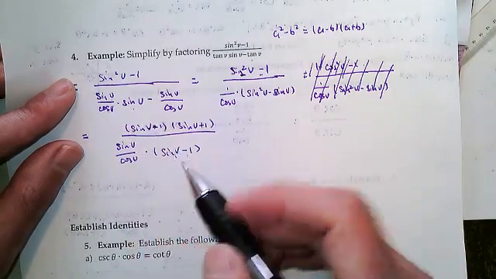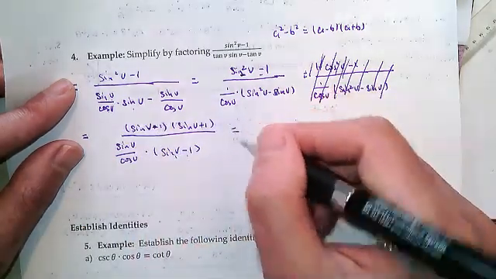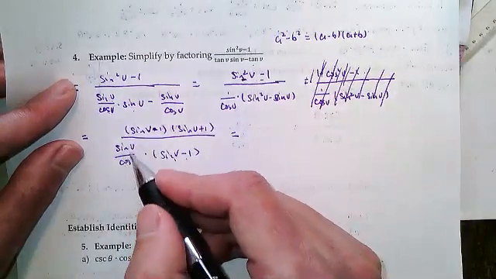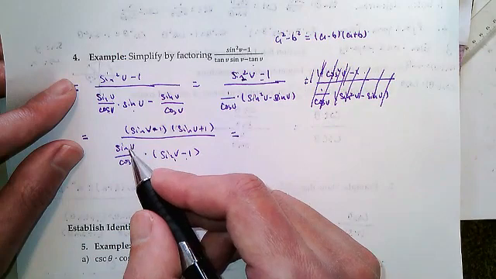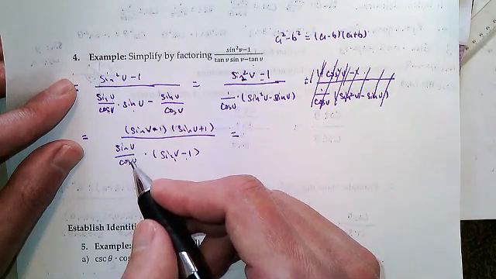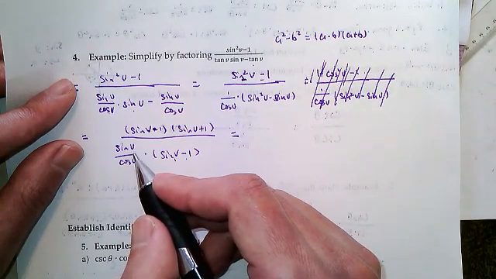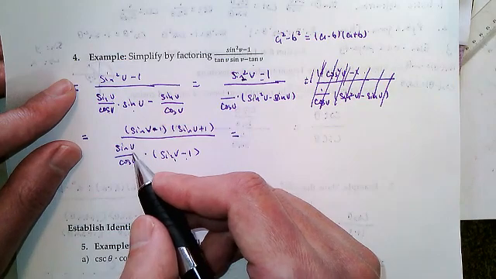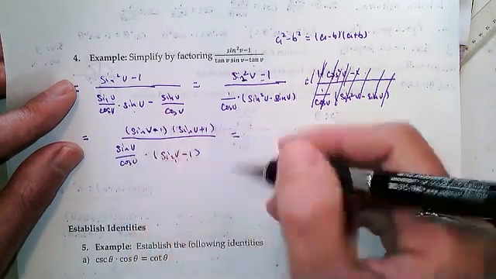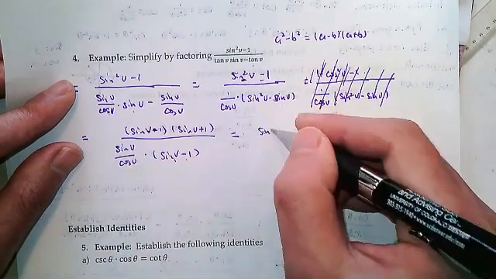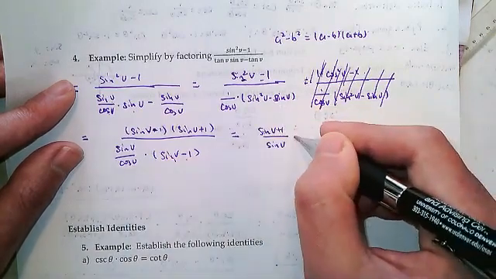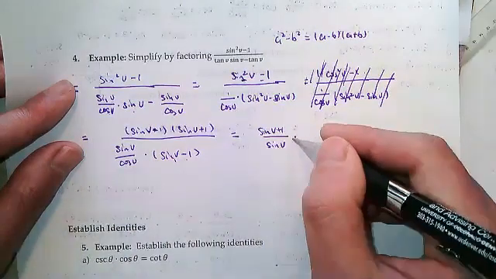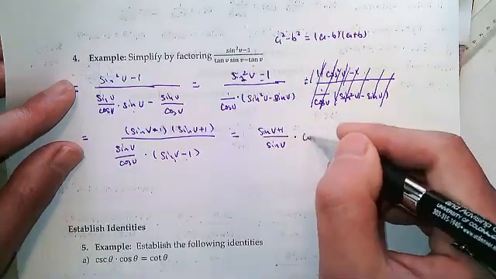Then you can cancel this out. And this is a fraction. So when you are dividing a fraction, multiply its opposite. So you get sine v plus 1 over sine v times cosine v.